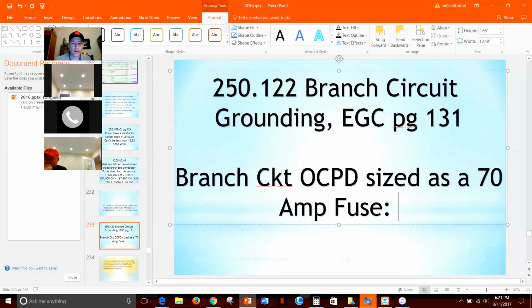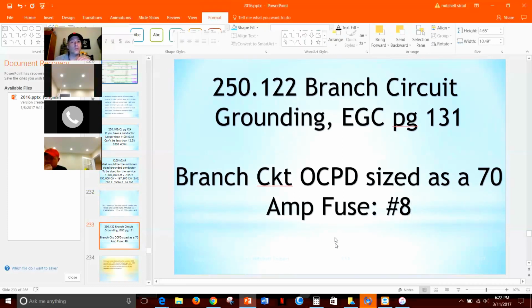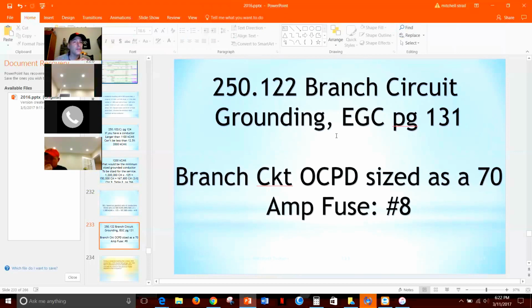Okay? All right. Now, there is a rule for parallel sets of conductors when it comes to branch circuits, but it's basically a full size. There's not really any kind of discount when it comes to branch circuit conductors or branch circuit grounds.